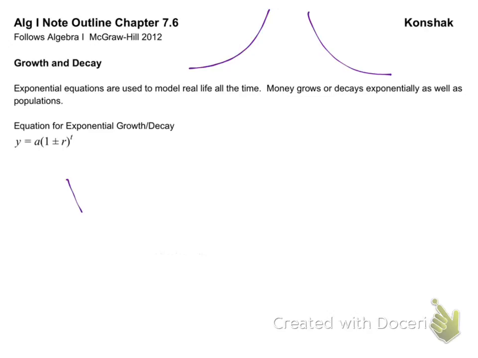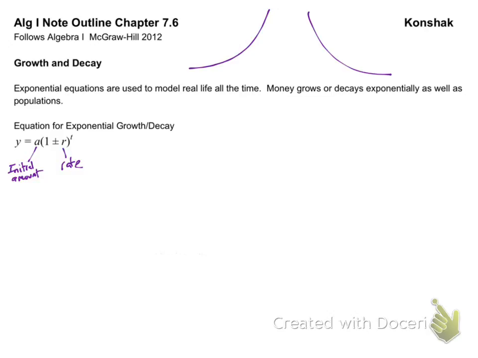So what we have here is we have an equation of y, which is our final amount, times a, which we're going to call the initial amount. So we have the initial amount, 1 plus or minus r, which is the rate. Now, I'm going to tell you this. If it's 5%, we're not putting a 5 in there.